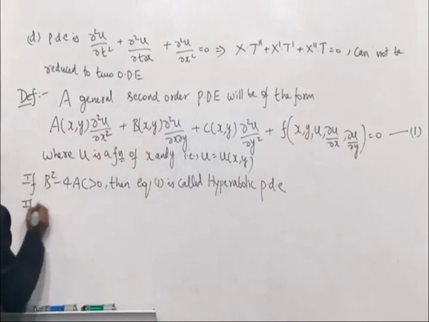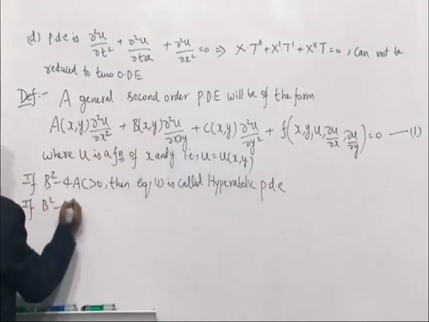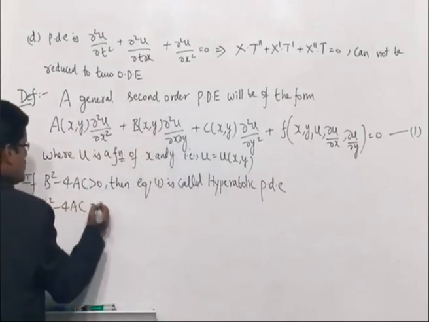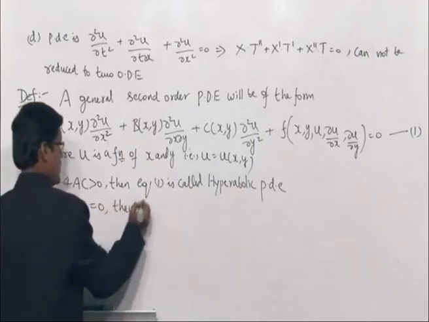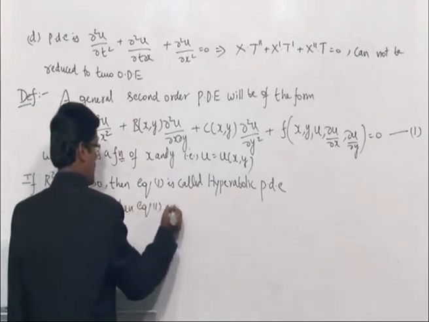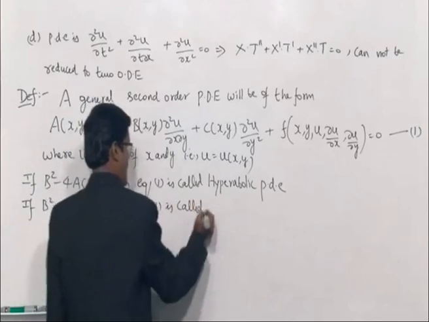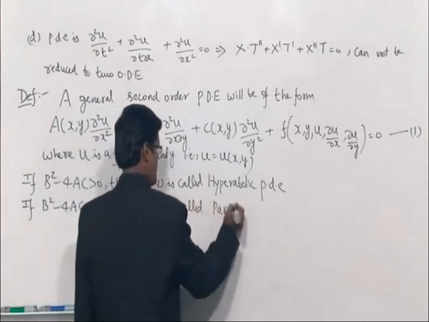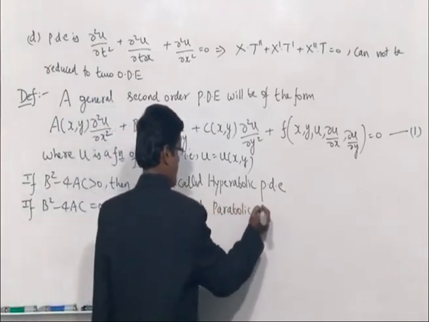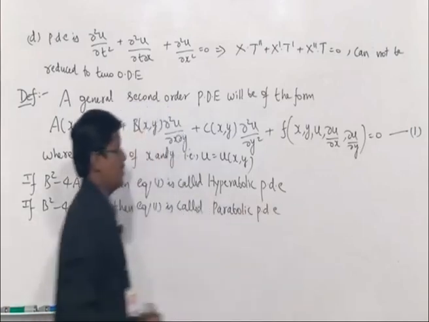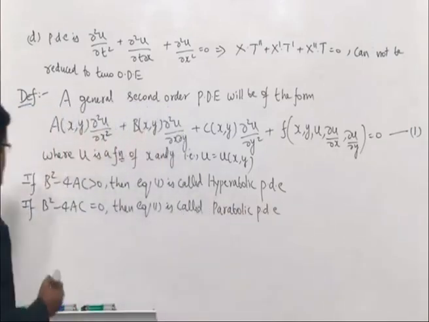If b square minus 4ac is equal to 0, then equation 1 is called parabolic PDE.